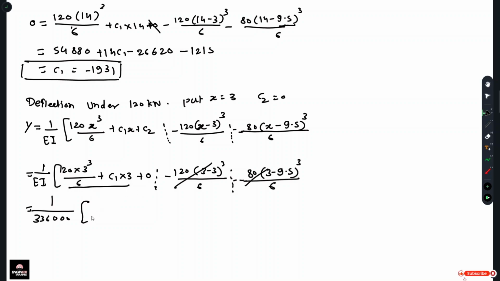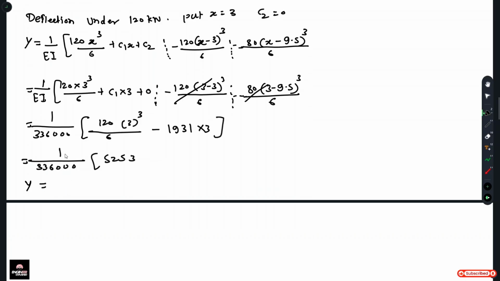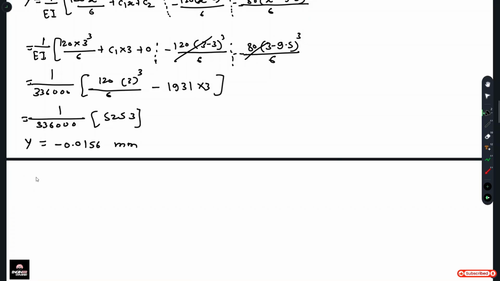Solving this we get y is equal to 1 upon 336000 times the bracket 120 times 3 cube upon 6 minus 9131 multiplied by 3, which gives 5253. Solving all of this in the calculator we get y is equal to minus 0.0156 mm.